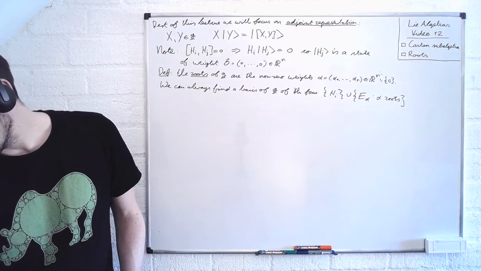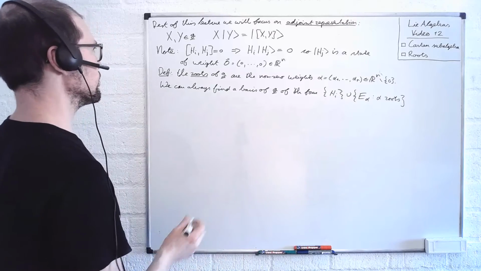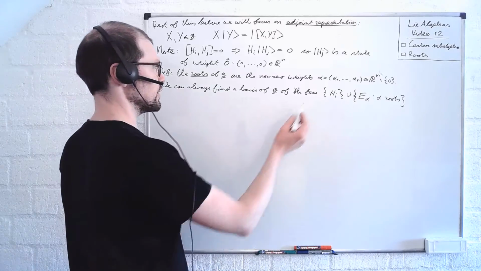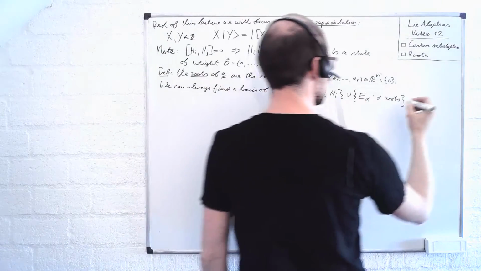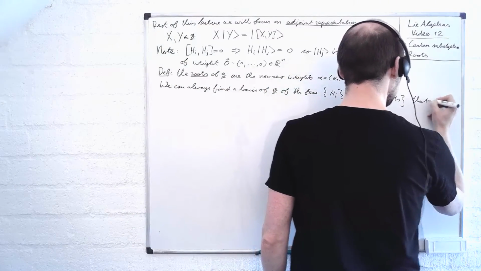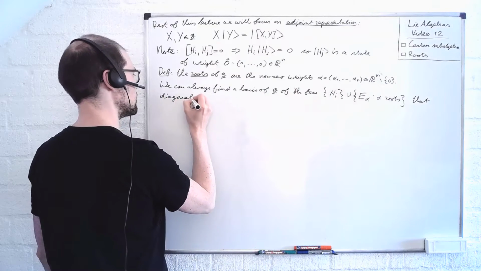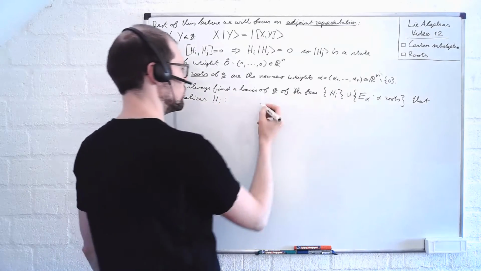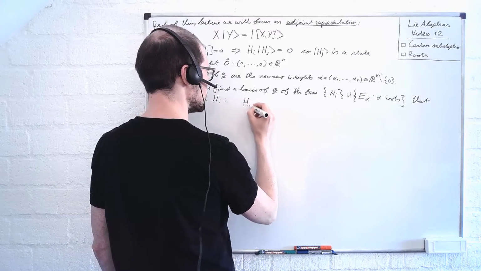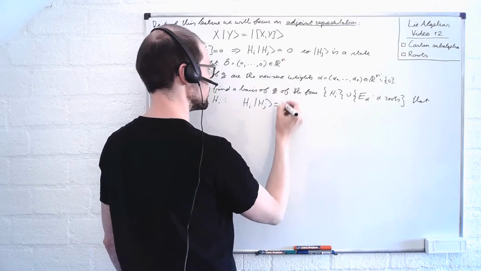Okay, and they diagonalize the Cartan generators, meaning that if I act with Hi on Hj, well, as we just said, that is 0.